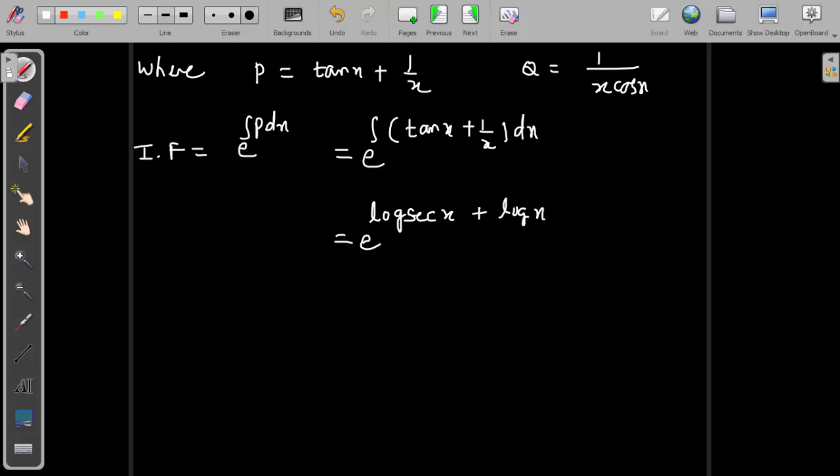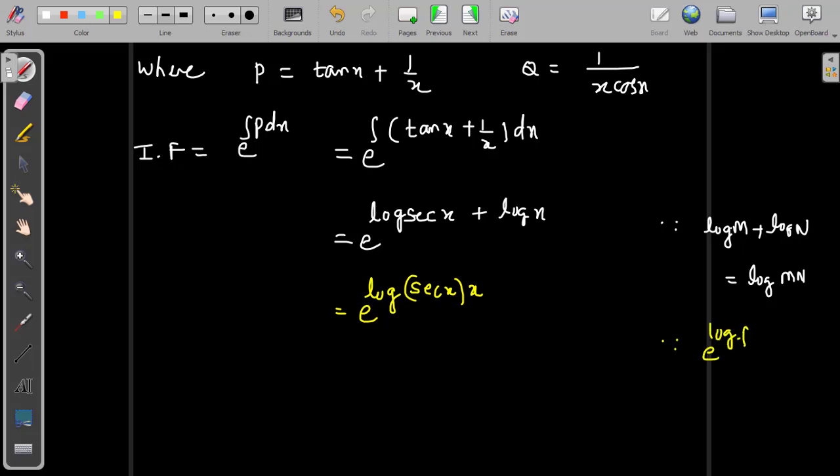So again we need to apply the fundamental rules of logarithms. Log m plus log n is equal to log of m times n. Just compare this one: secant x is m, x is n. So log m plus log n equals log of m times n, which means log of secant x multiplied by x. Again we have a rule: e power log of a function of x equals the function of x.